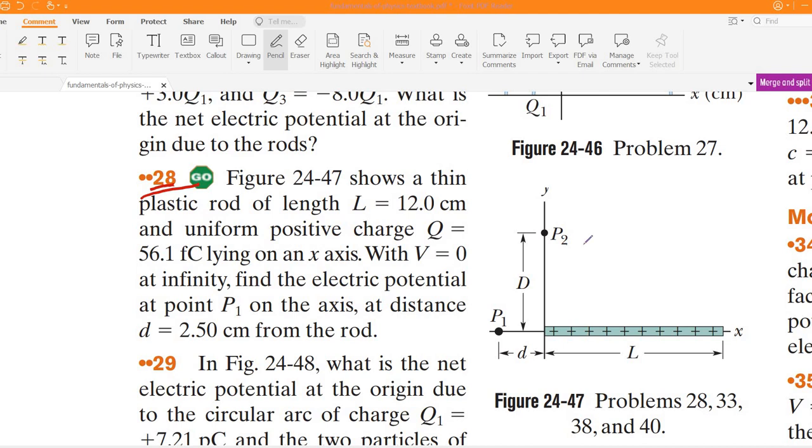Alright, so the next problem that we're going to talk about is problem 28.